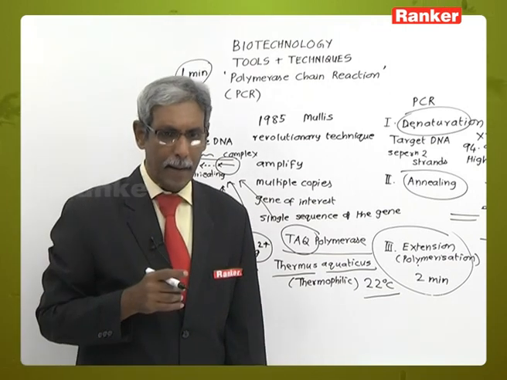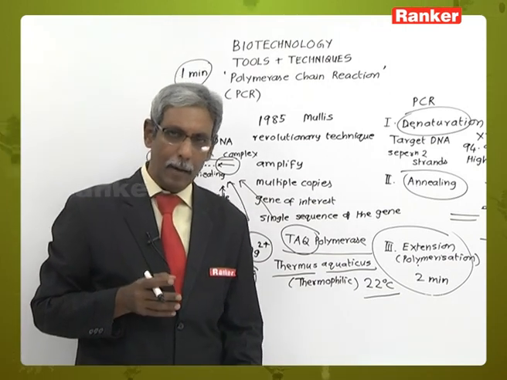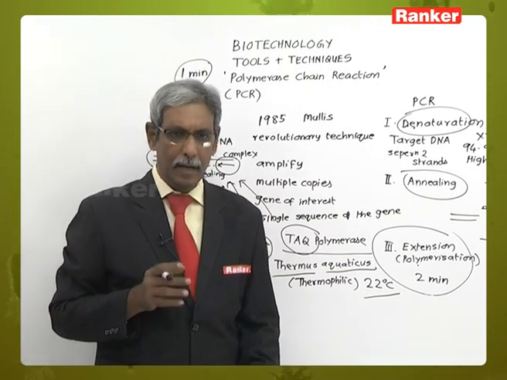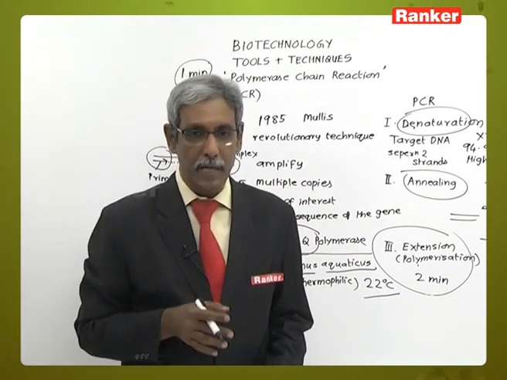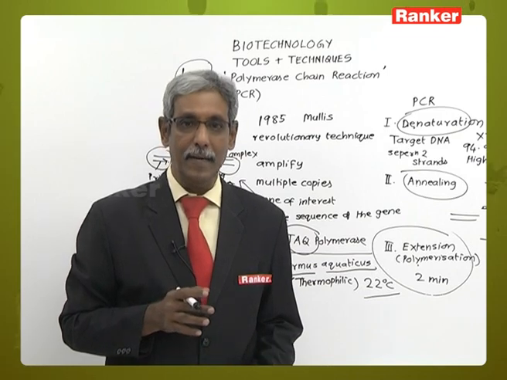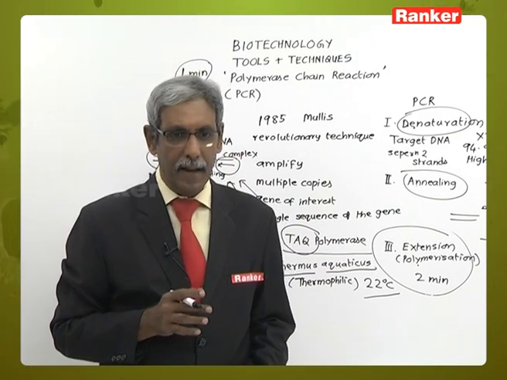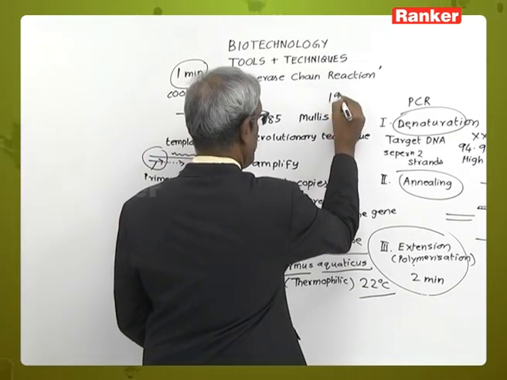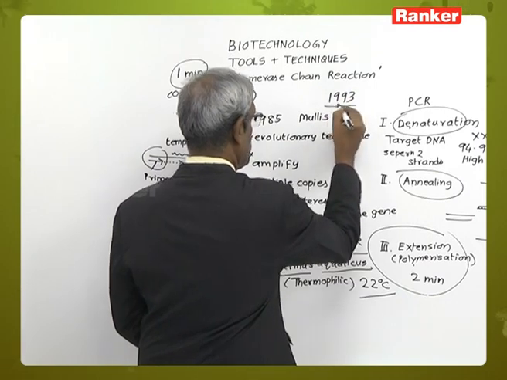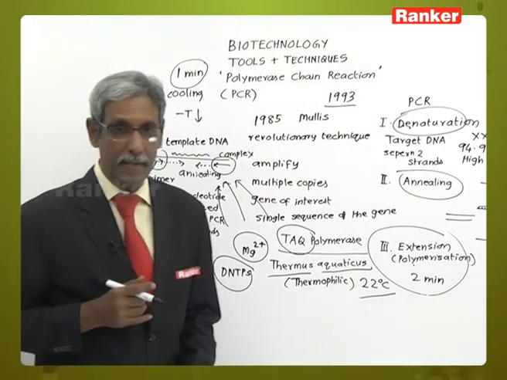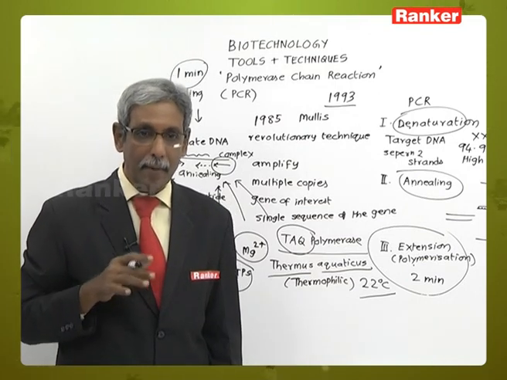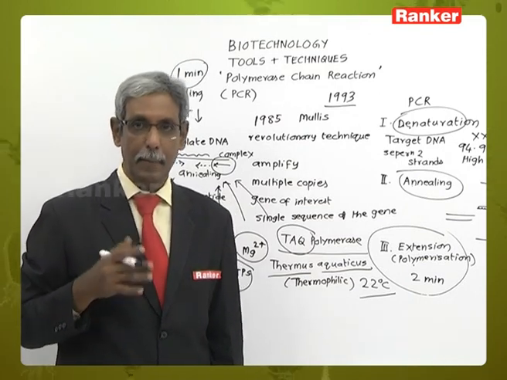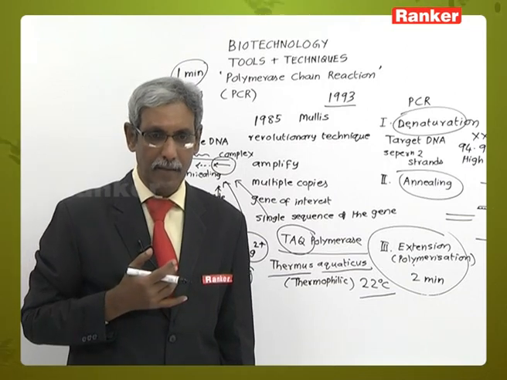Therefore, in summary, we understand PCR is a revolutionary technique which was developed somewhere in 1985. Next, in 1993, he was awarded the Nobel Prize for working on PCR. And here there is a repeated heating and cooling cycle.